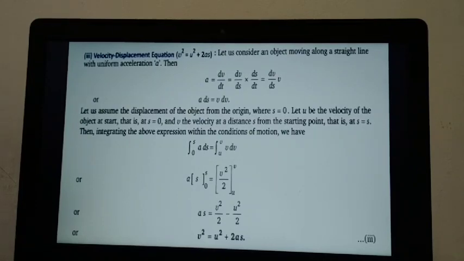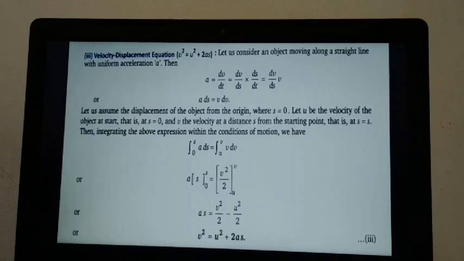s is the displacement of the object from origin. Let u be the velocity of the object at the start, at s equal to 0, and v the velocity at a distance s from the starting point. That is, displacement changes from 0 to s.